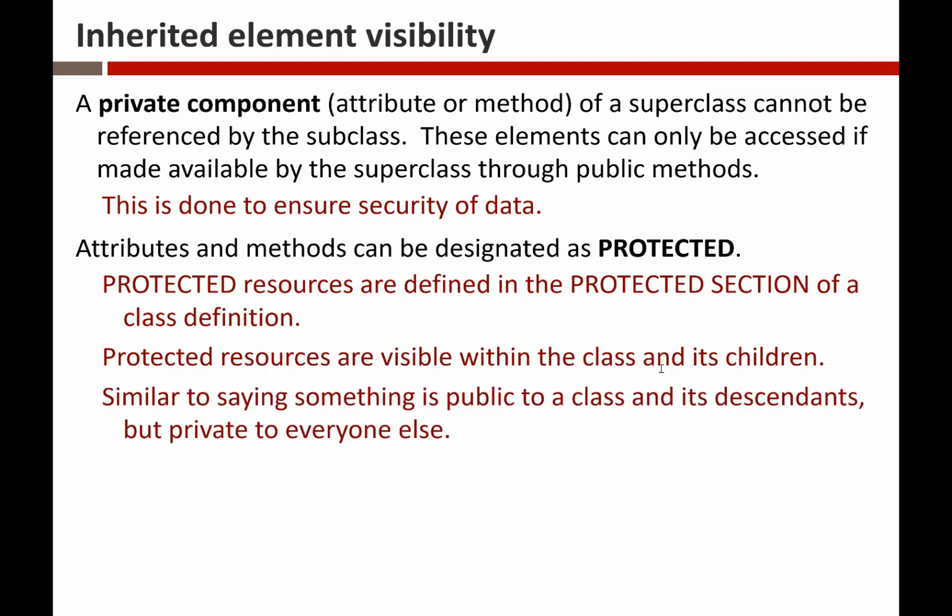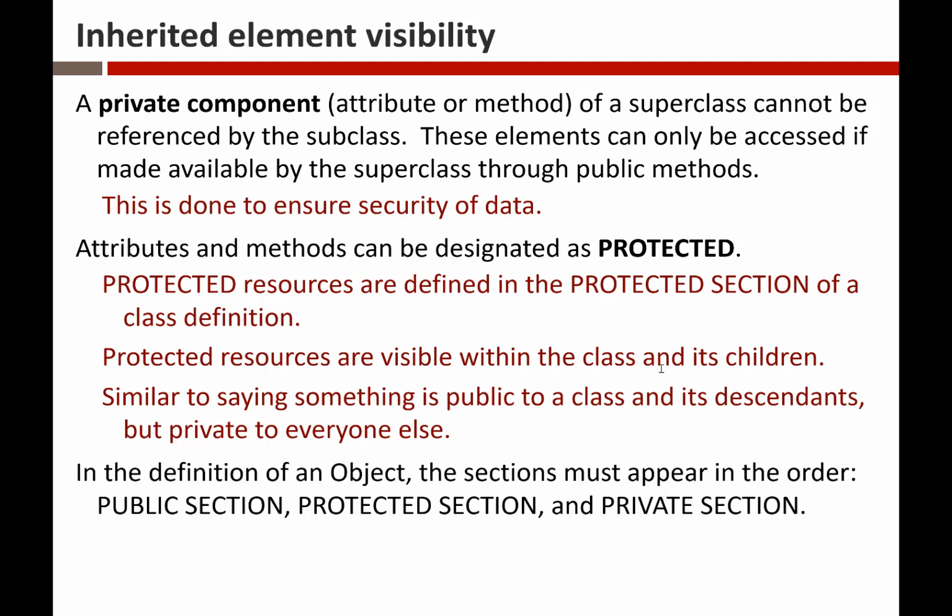It's very similar to saying this is public for me and my children, but private to the rest of the world. So in fact, whereas up to this point we've talked about a public section and a private section, now we see that in actuality there are three potential sections. A public section, a protected section, and then a private section. And that is the order that they would appear in our source code if we intend to use those. Any questions about that?